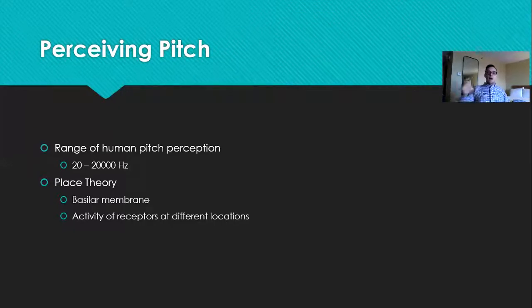Now, how do we hear this whole range of hertz? Well, one explanation for the way we hear this full range is place theory. Place theory argues that depending upon which stereocilia along the basilar membrane are activated determines what pitch we hear.